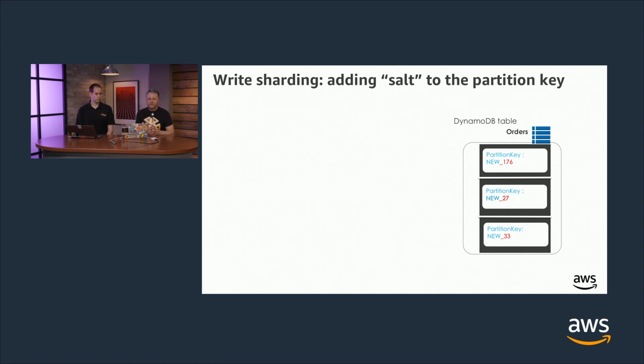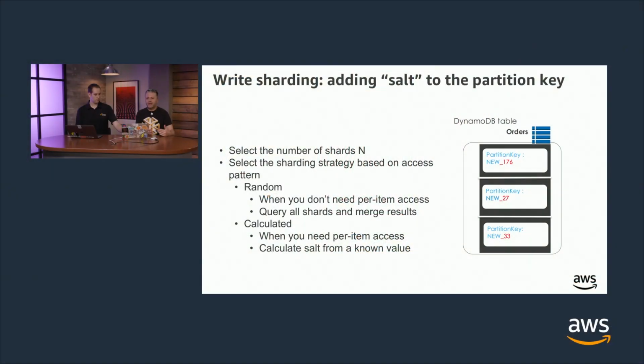So if the rate at which these events are coming in is greater than 1,000 write capacity units per account, your GSI will start sending back pressure to the table, right? Because it can't handle more than 1,000 write capacity units.